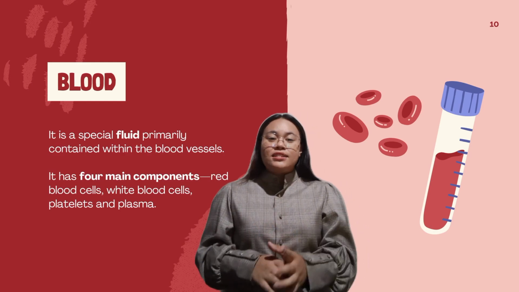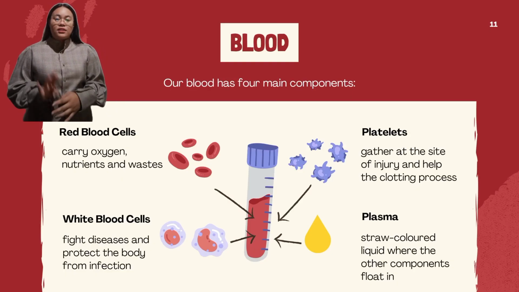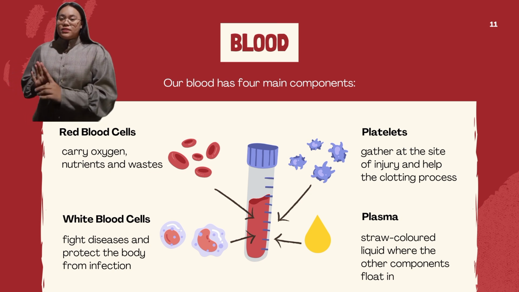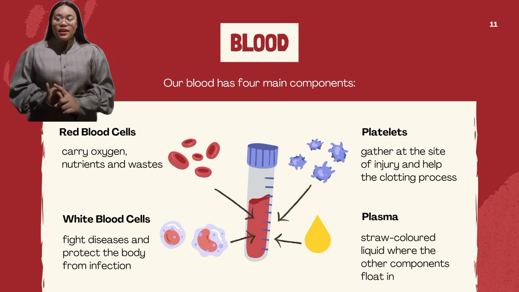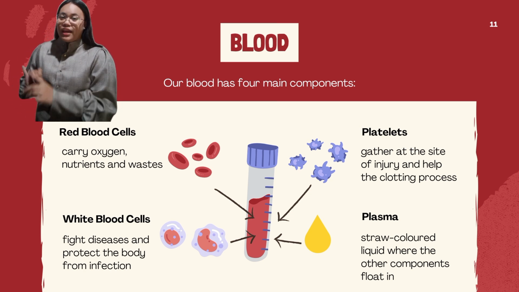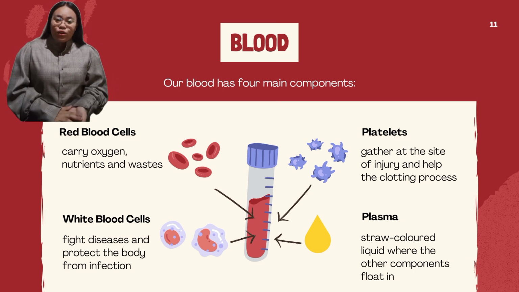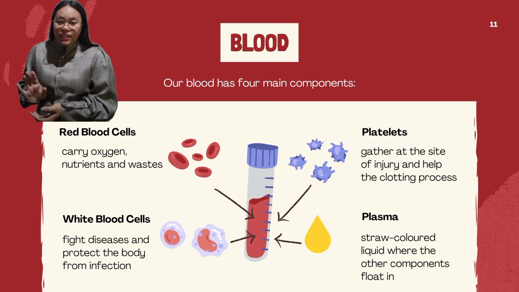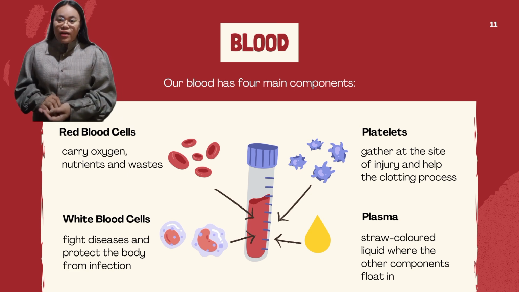Let's discuss blood. We said that blood has 4 main components. What are they? The first is red blood cells, which carry oxygen, nitrogen, and water. The white blood cells fight disease and protect the body from infection.